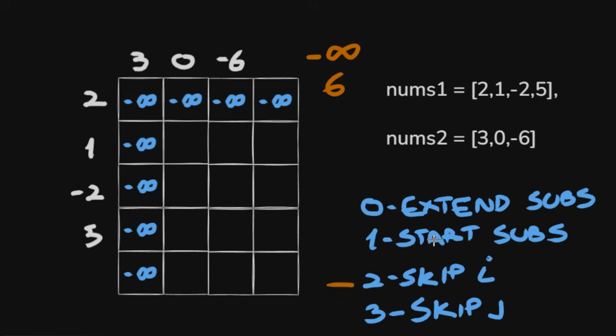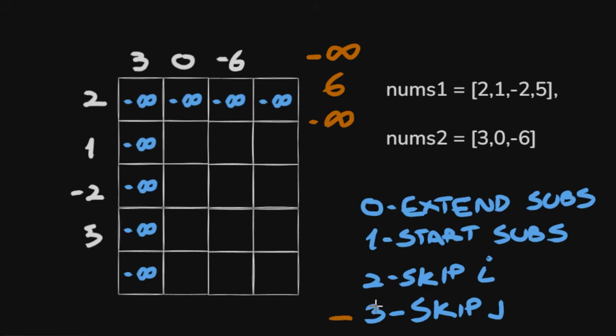For the next scenario, we can skip the number from nums1, so we are skipping this. This means that we are looking at this cell. Remember that here we store the result of the scenario in which we don't pick any number from nums1 and we pick one number from nums2. So the result of this scenario is minus infinity.